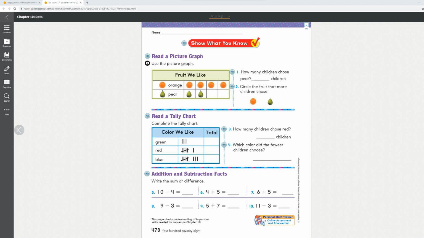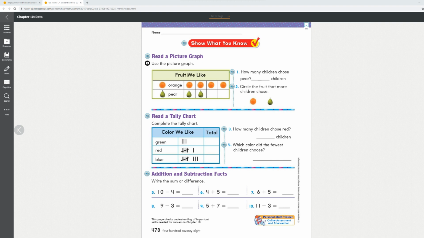Okay class, let's start on page 478. Show what you know. Read a picture graph. Use the picture graph to answer questions 1 and 2. For number 1, how many children chose pear? Here you can see pear and orange.